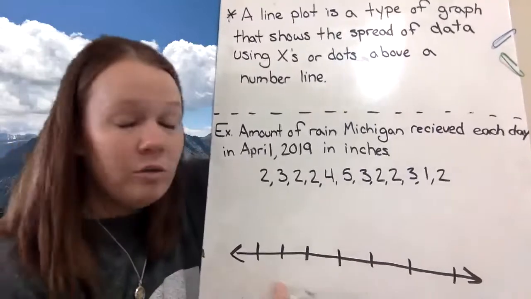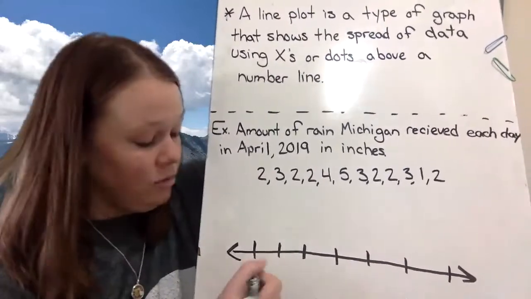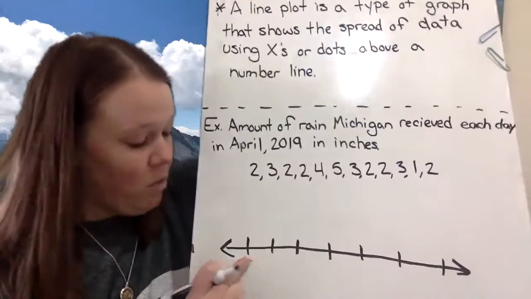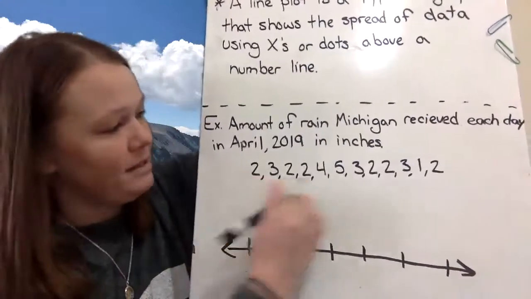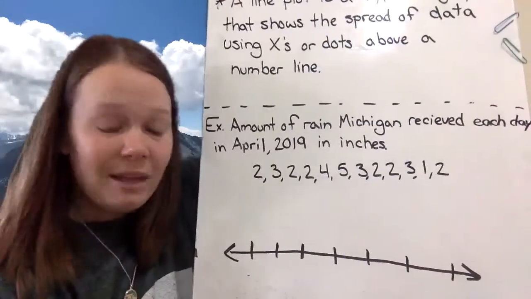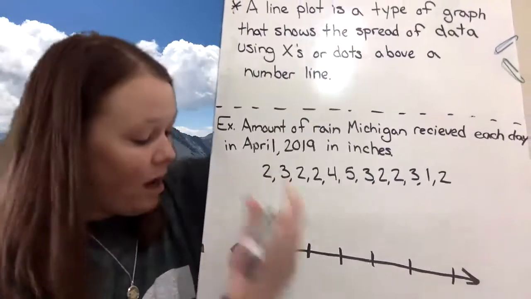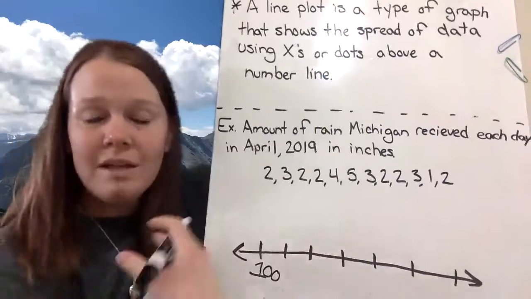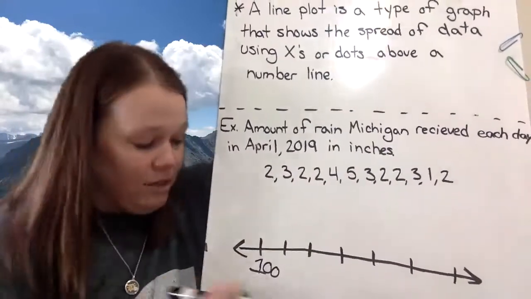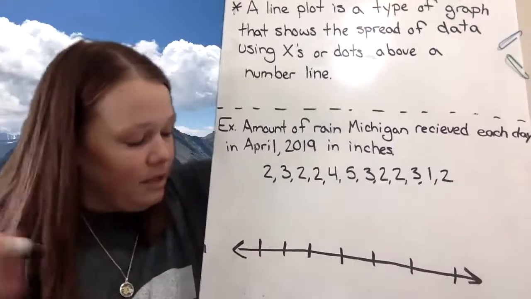Now you can start wherever you want on your number line. You do not have to start with 0. Since my first data point is 1, the lowest number I have, I can start with 1 there. If my lowest data point was 100, I could start at 100 here. Number lines go on forever in both directions, so you can start wherever you'd like.